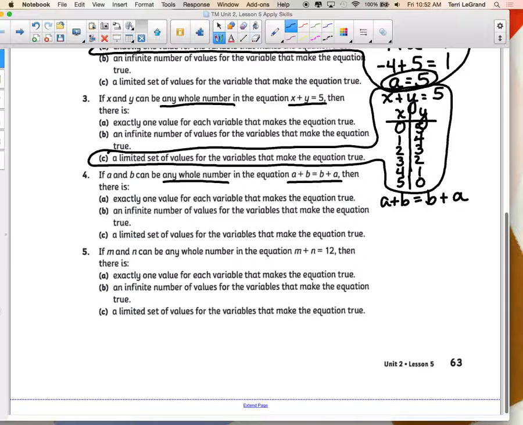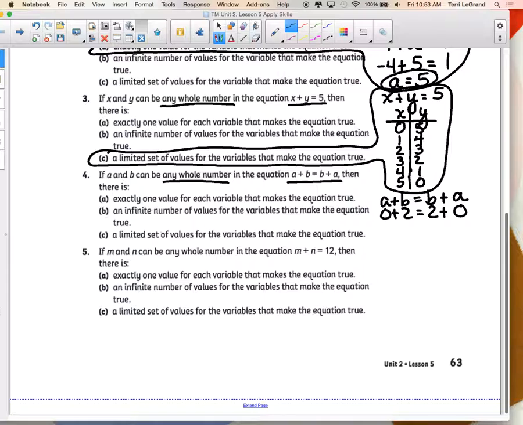So, let's just try one. If A is what? What do you want A to be? 0? How about B? 2, okay. B is 2, A is 0.